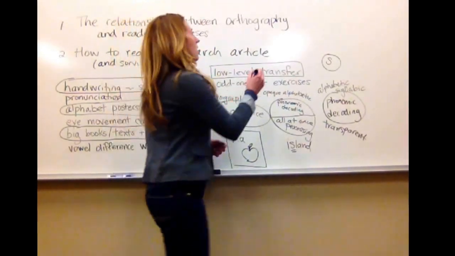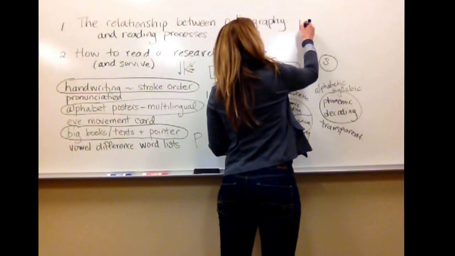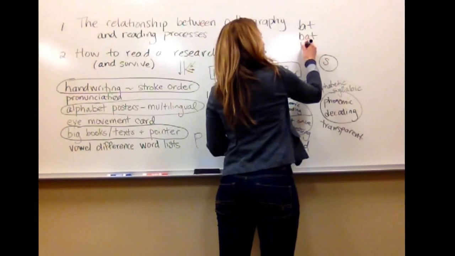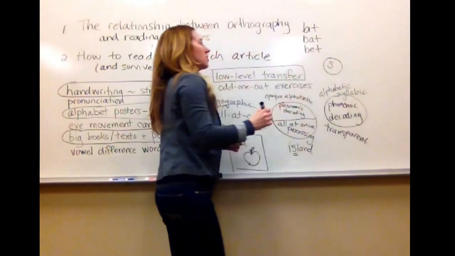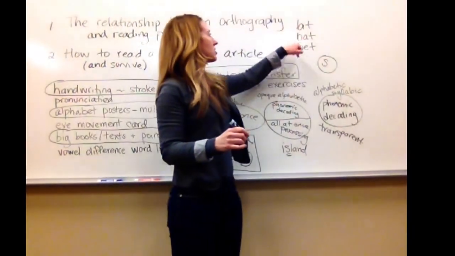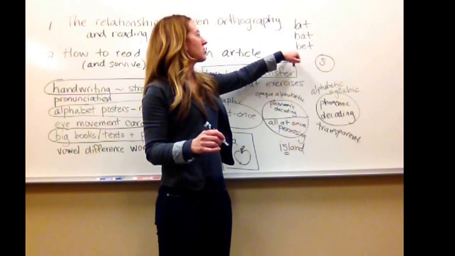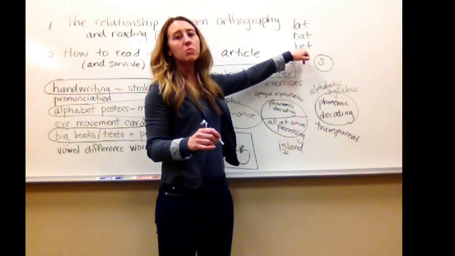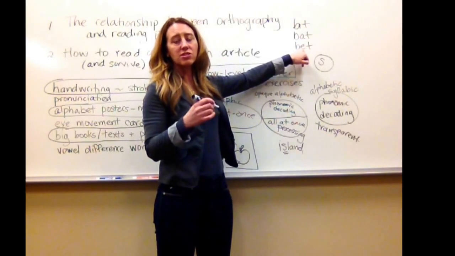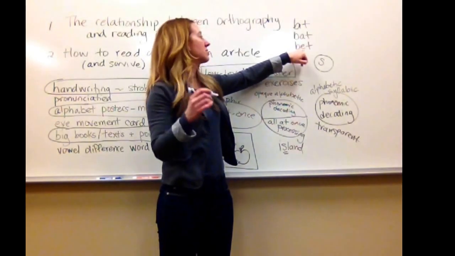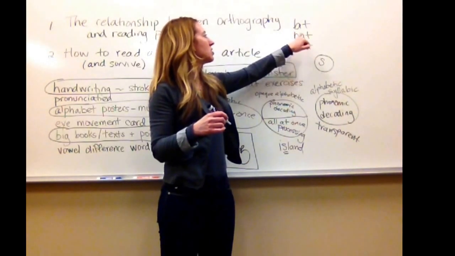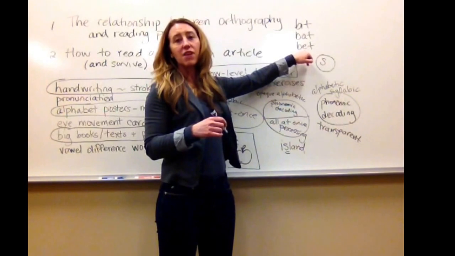So you would want to give them lots of evidence: bit, bat, bet, just those three examples. Those three words, the only difference between them, right? They're minimal pairs, as we've learned to say in other courses. There's only one difference between them, and that difference is a vowel.